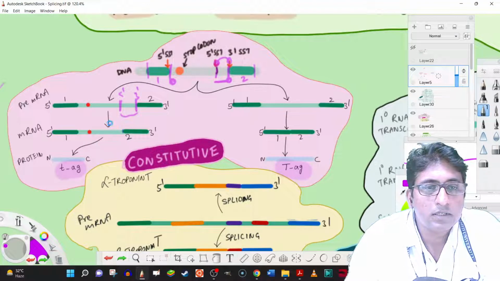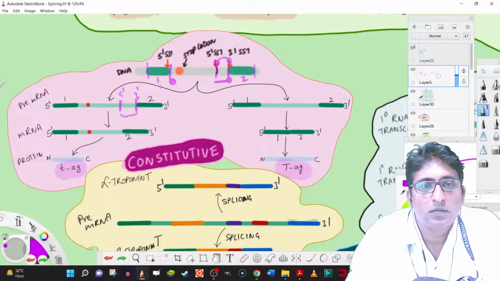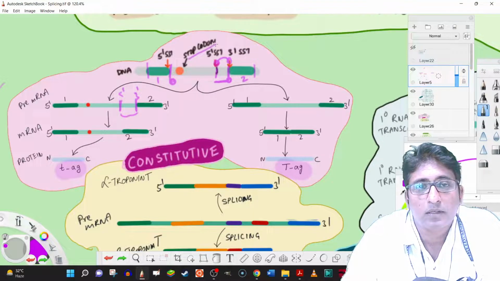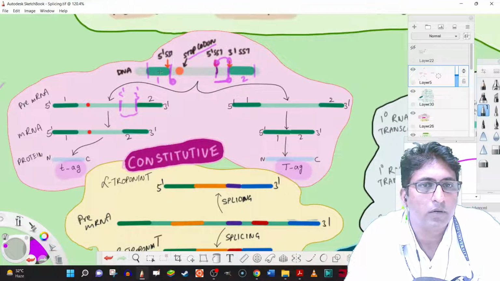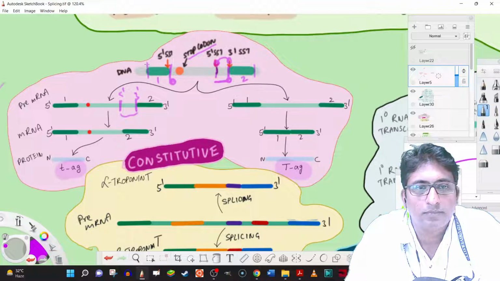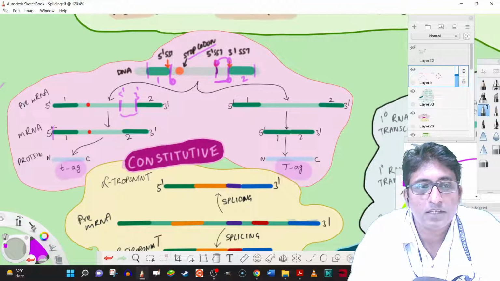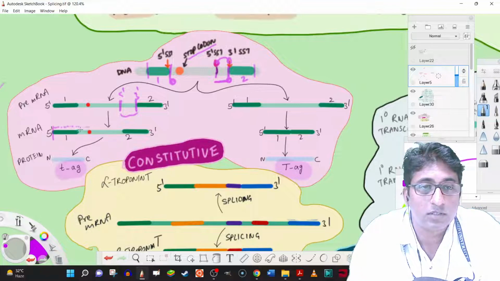One of the key points is that the intron also has a stop codon within it. If the ribosome is reading the mRNA from here, it will keep reading until a stop codon comes by.